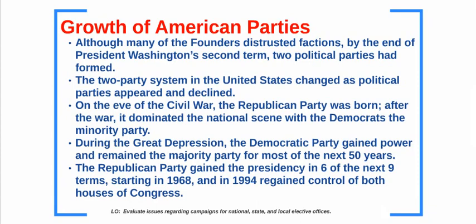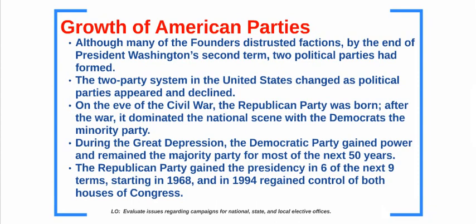Although many of the founders distrusted factions, by the end of President Washington's second term, two political parties had formed. The two-party system in the United States changed as political parties appeared and declined. On the eve of the Civil War, the Republican Party was born. After the war, it dominated the national scene, with the Democrats the minority party.